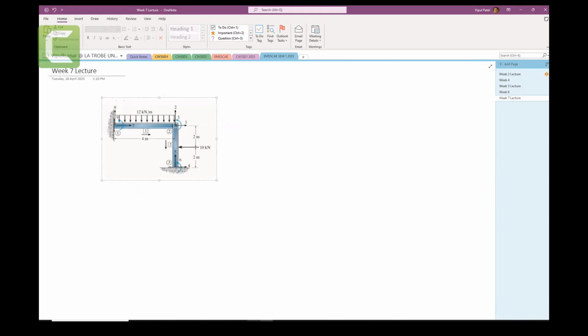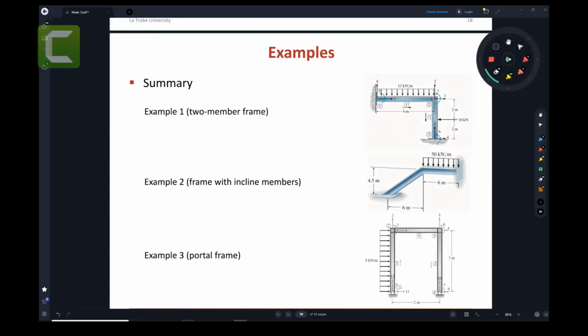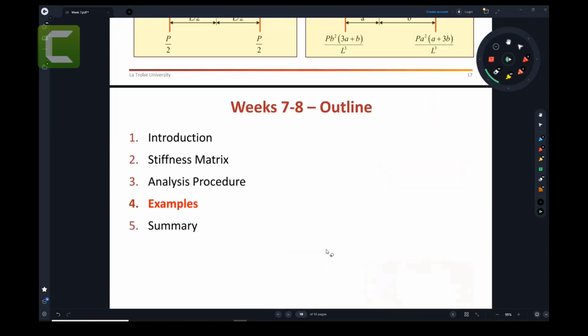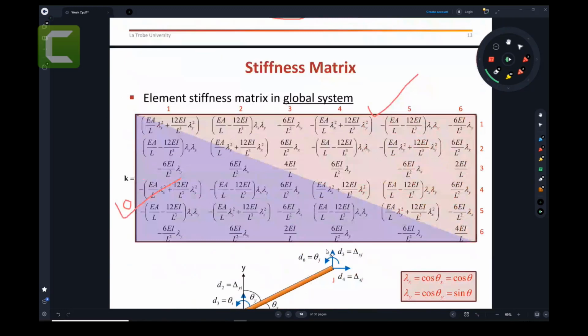Now, first of all, we would like to get these equations, which is the frame stiffness. That's pretty much what we would like to use. Let me erase this one so this comes nice and clear.